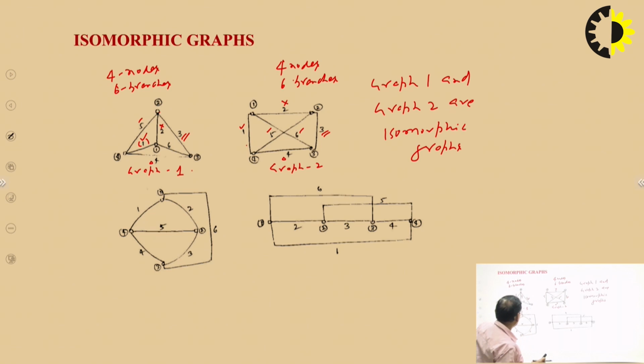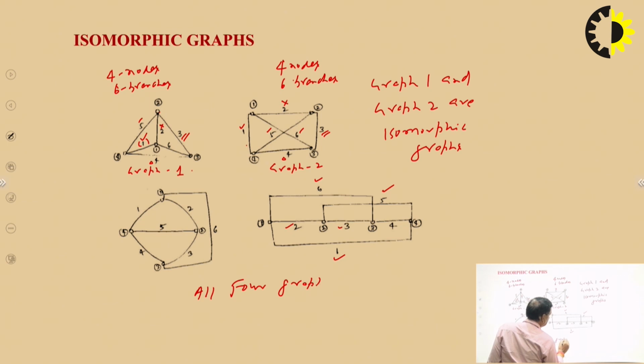Check this one: 1 is between 1 and 4, 2 is 1 and 2, 3 is 2 and 3, 6 is 1 and 3, 5 is 2 and 4, and 4 is between 3 and 4. So all four graphs are isomorphic.